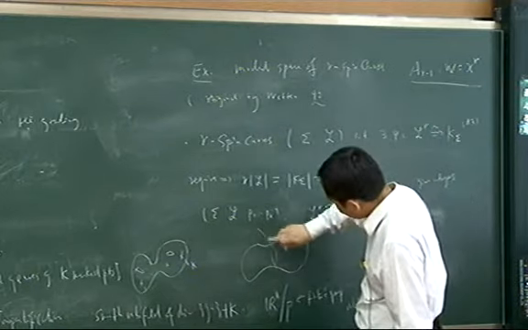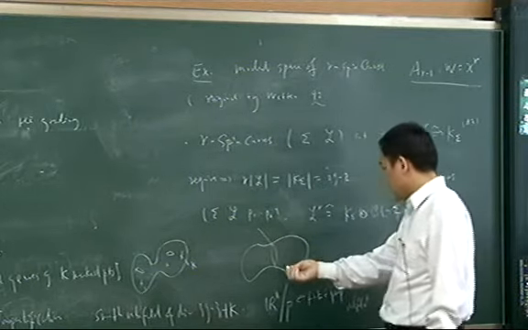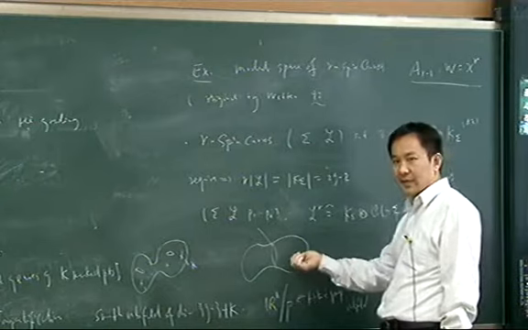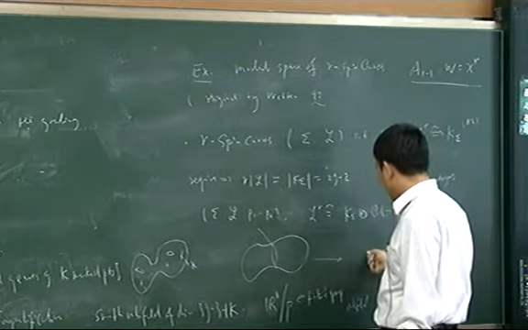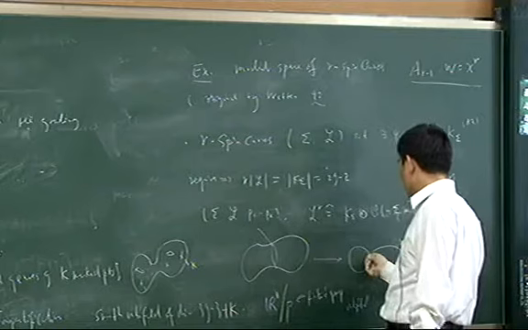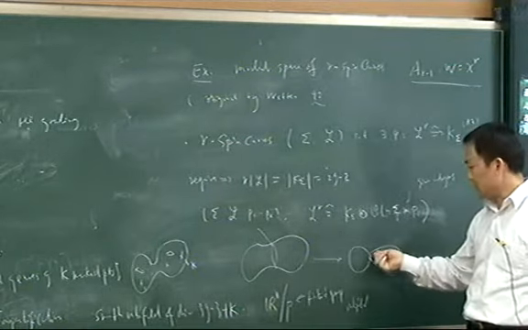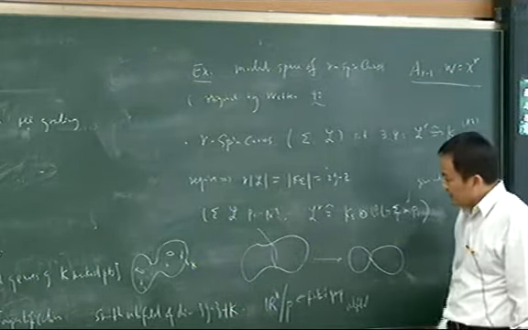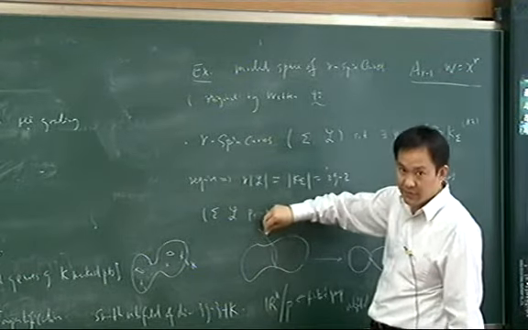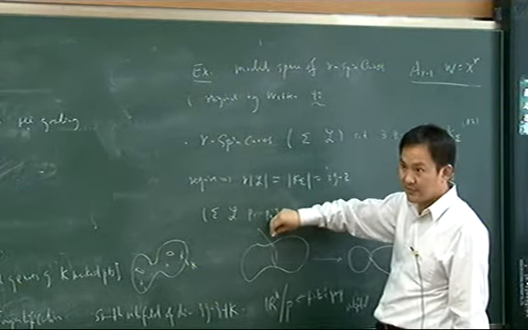So you can imagine this as a line bundle. So for the underlying curve, this will degenerate to a nodal curve. But the question is, the line bundle will also degenerate.